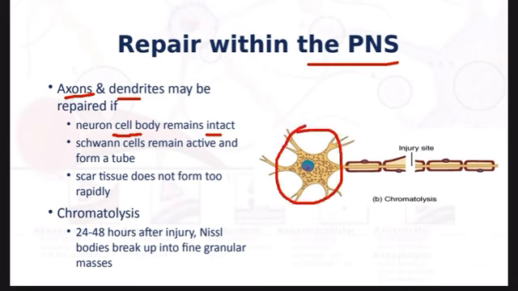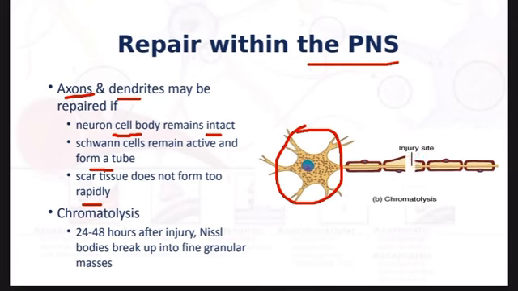Schwann cells remain active and form a tube، لأنه تحتاج Schwann cells myelination أوكي، وهي اللي تسوي الرابنج تتذكرون. Scar tissue does not form too rapidly. إذا كان scar tissue، يعني هذا هو السكار tissue الانسري side ما يصير rapidly يتقطع كل شوي. It's just one side clearly. الكيموتلاسيس which happens after the injury, this is what happened. انه لو تشوفون في البي ان اس, it will do this.